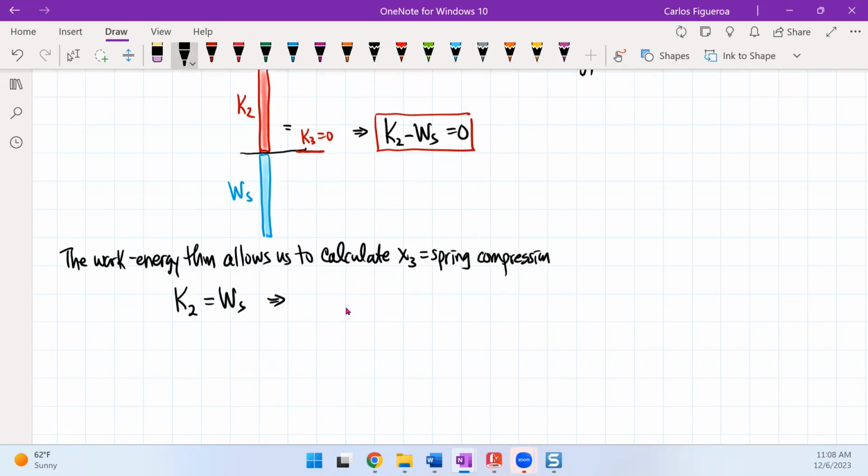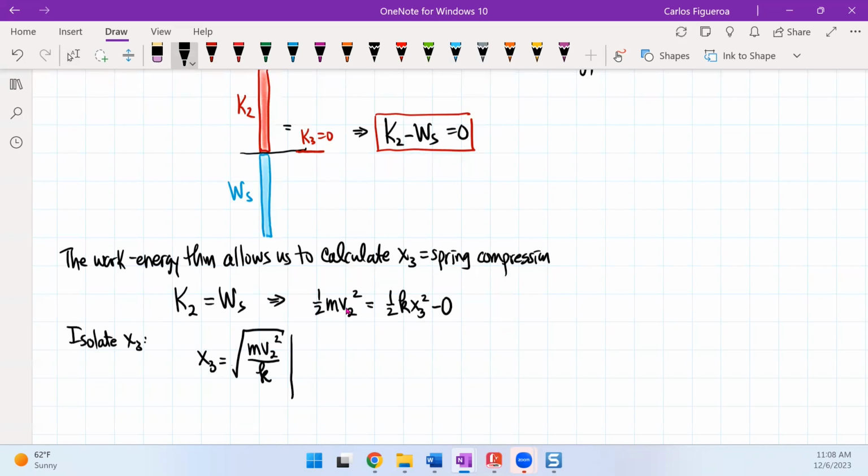So when I look at the spring, it's going to be 1/2 mv2 squared, and then this will be 1/2 kx3 squared, where I've compressed it from the equilibrium point, which is 0. So now I can isolate x3. Note that the 1/2s cancel out. I have on the left side mv2 squared, and then I have to isolate x3 by dividing both sides by k and then taking the square root.